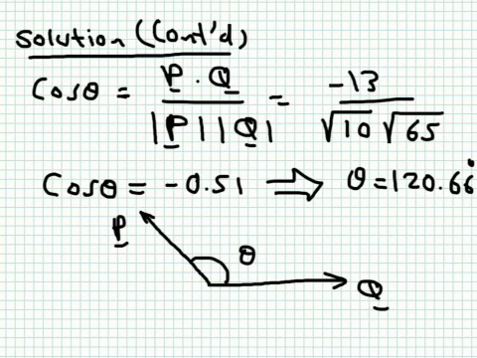Remember that cosine of 60 degrees is very similar to this. If you take the inverse of that, whether you get it in radians or degrees, depending on your calculator, you'll see that the answer is 120 degrees. So almost 120 degrees between one another.